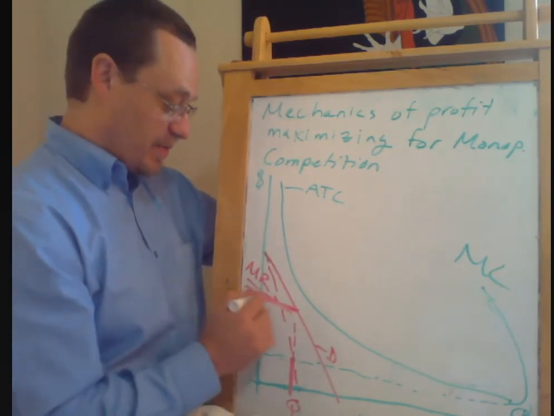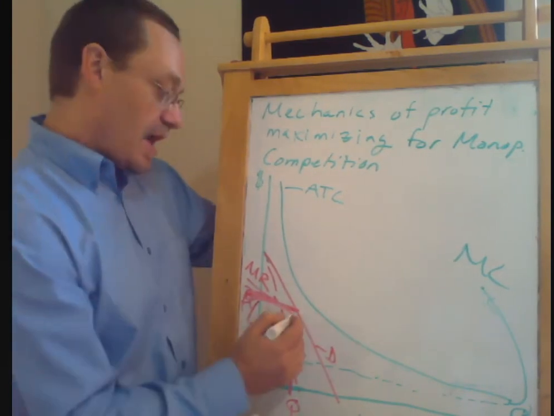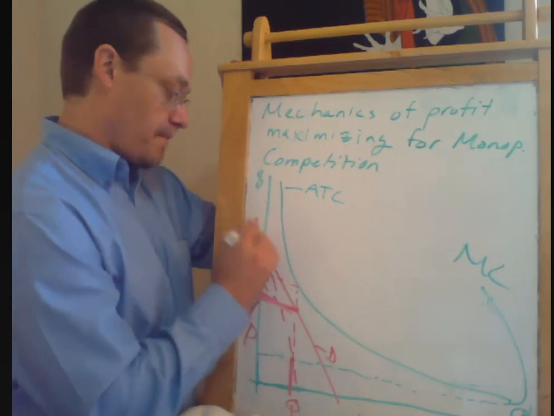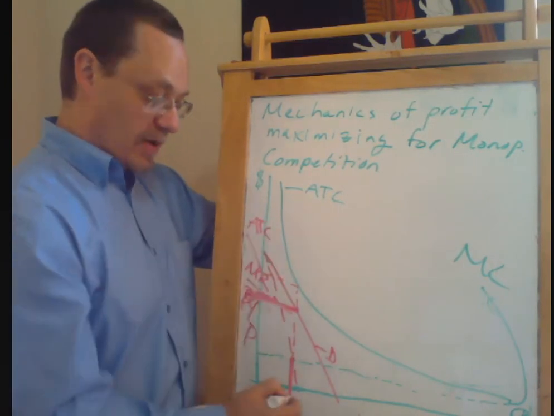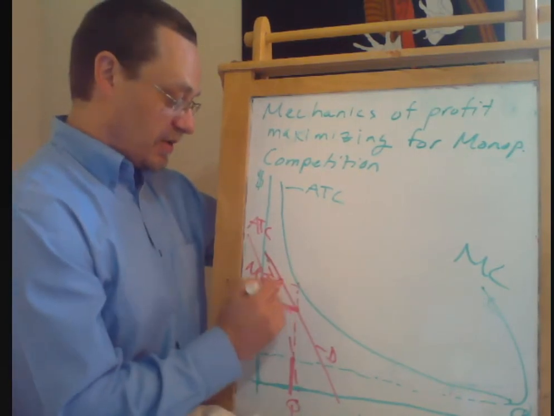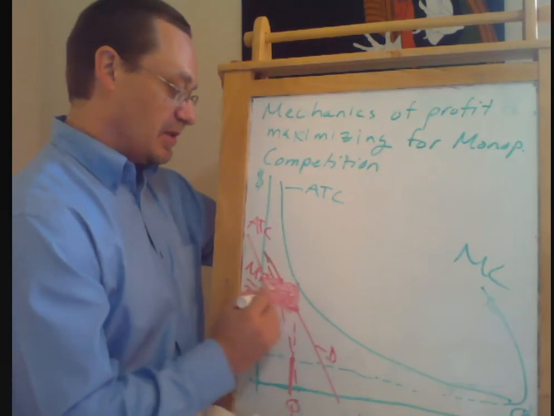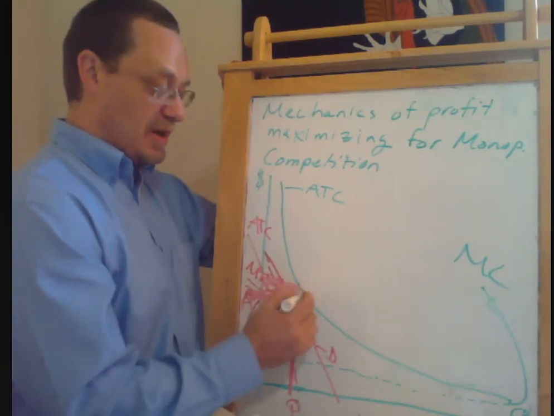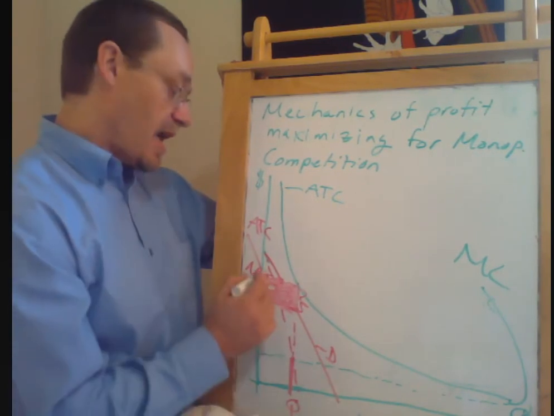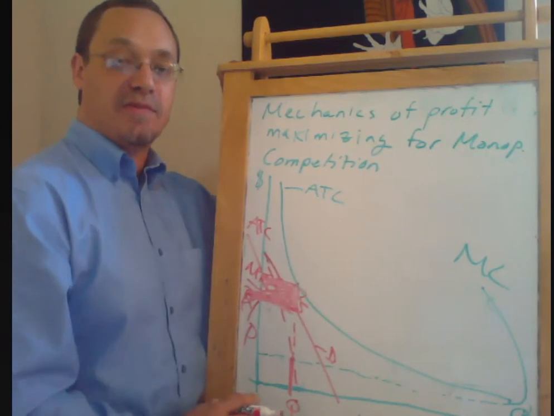That's supposed to be a P there. Okay. And its average total costs are here, from where this quantity hits the average total cost curve. So this firm is making some losses. It's making losses equal to this box, because its loss per unit is the height of that box there, and the width of the box is the number of units.